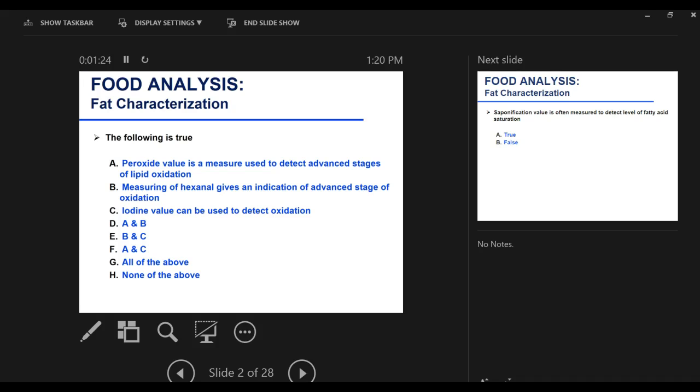Have you covered lipids in food chem yet? Did you talk about primary oxidation products? What are they? What are the primary oxidation products? Somewhere on this slide. First product of oxidation, what are they?